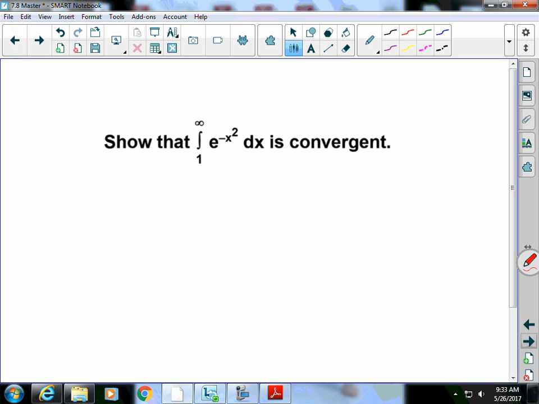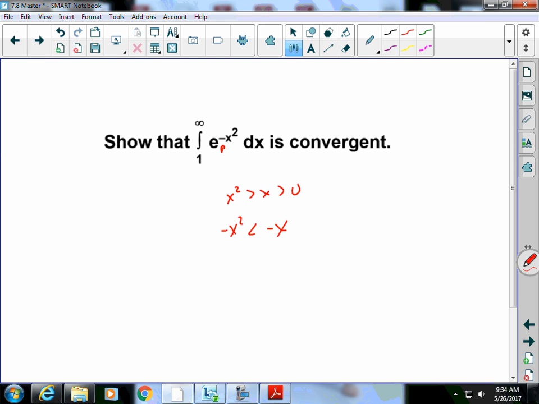I don't know how to integrate e to the minus x squared, so I can't tell what's going on here. But what I do know is that x squared is greater than x, which is greater than 0. And then if I take the reciprocal of all this, if I multiply it through by the opposite, then we switch the inequality.